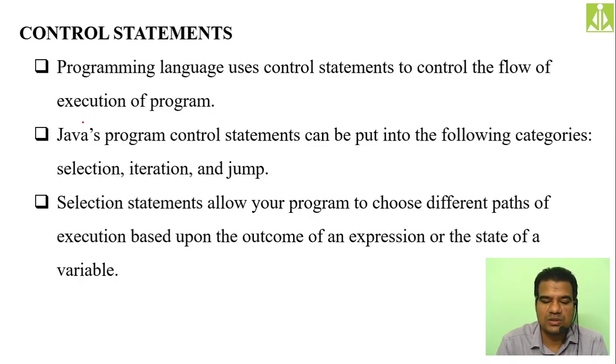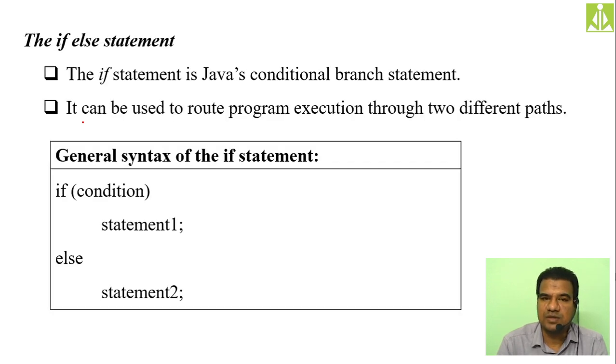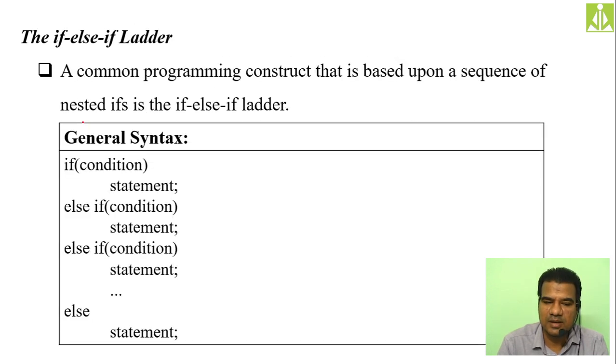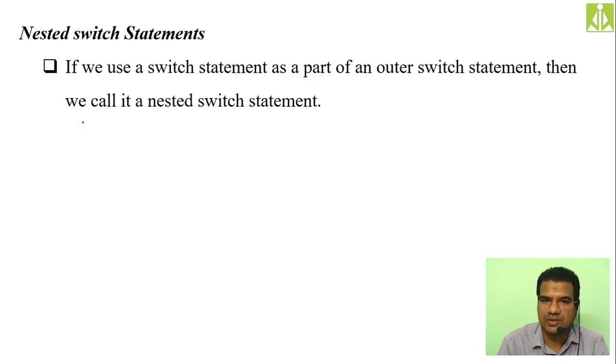Then we have the control statements. Control statements are of two types: one is conditional and the second one is iterative. Conditional statements we also call selection statements. We have the simple if statement, if else statement, nested if else statement, if else if ladder, then the switch statement, and we can also have the nested switch statement.